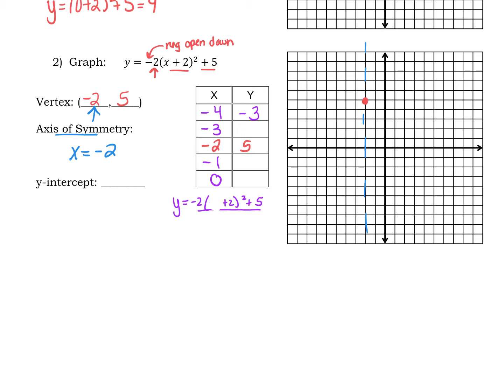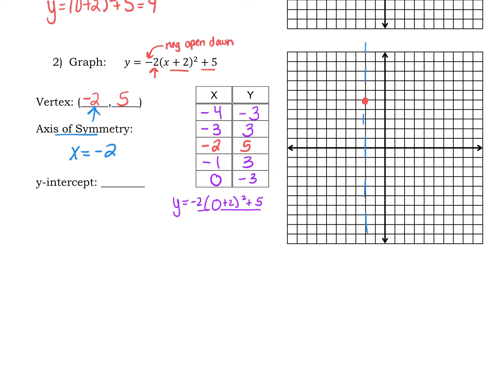Now I'm going to replace -4 with -3, and we would get 3. Then I'm going to replace -3 with -1. We would also get 3. Then I'm going to replace -1 with 0, and we would get -3.